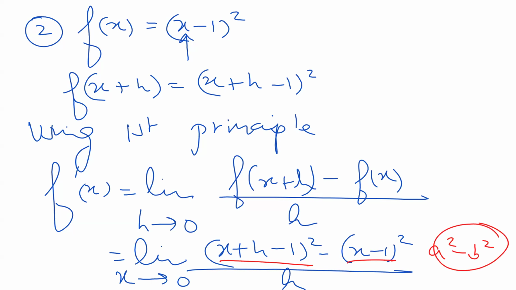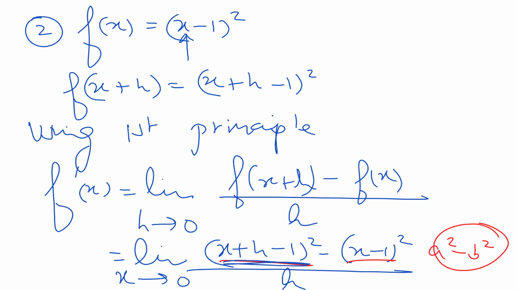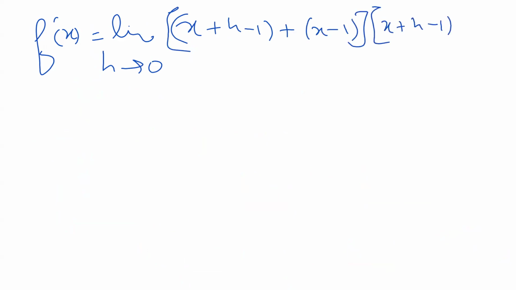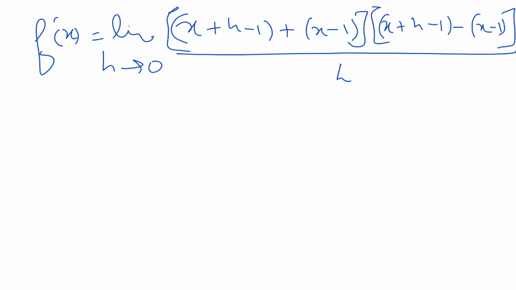So I'll write the next step. f dash x, limit h approaching 0. So a plus b, this value plus this value: x plus h minus 1 plus x minus 1, into x plus h minus 1 minus x minus 1, upon h.